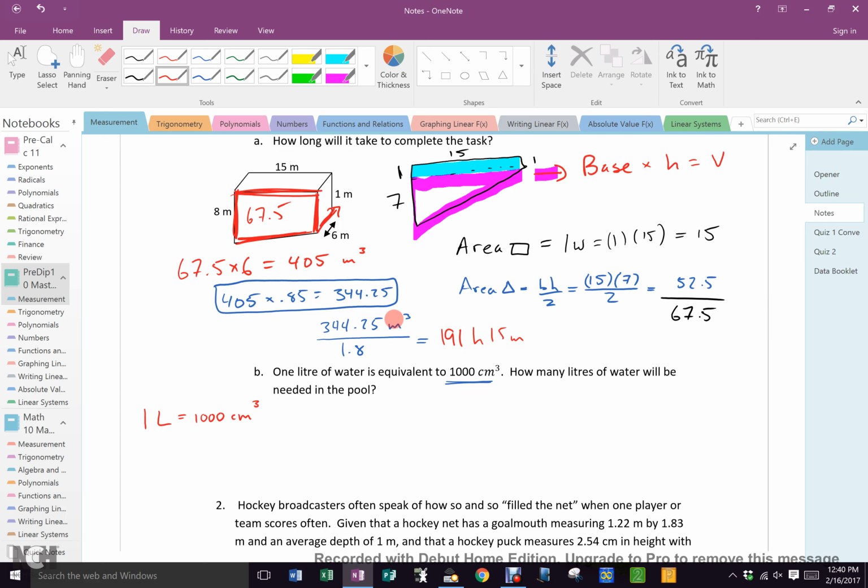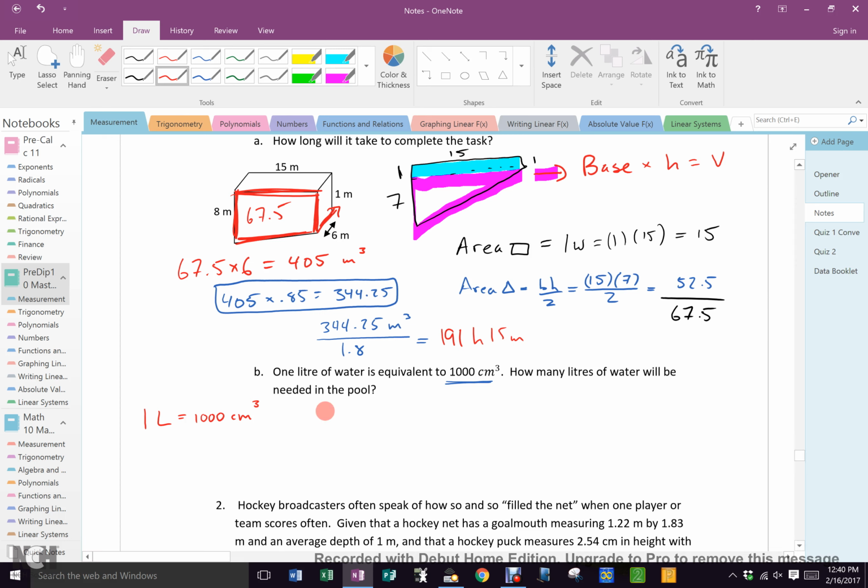But I'm not converting just one dimension, am I? How many dimensions am I converting? 3. So I've got to do 100 for the length, 100 for the width, and another 100 for the depth, right? Because each of those conversions is times 100, isn't it?